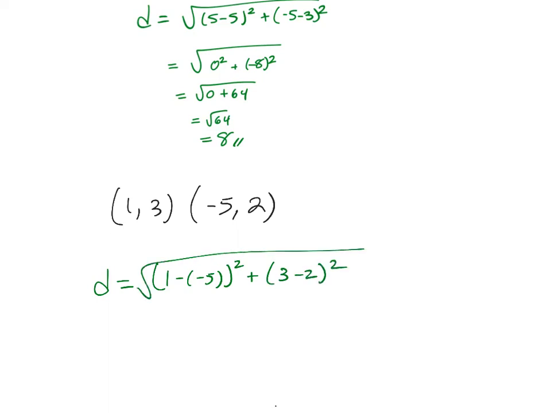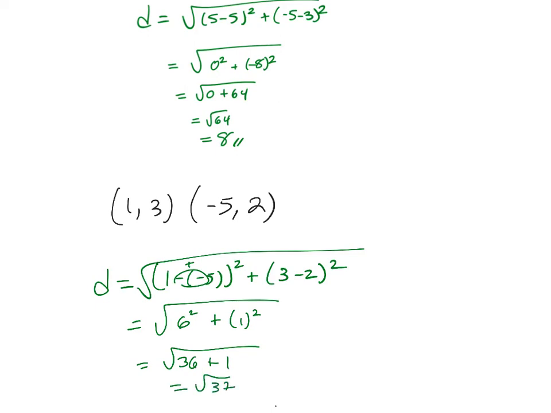This becomes positive, so the square root of 6 squared plus 1 squared. So this is the square root of 36 plus 1, the square root of 37. And it's asking me to express it to the nearest tenth. So this is 6.1. Perfect.